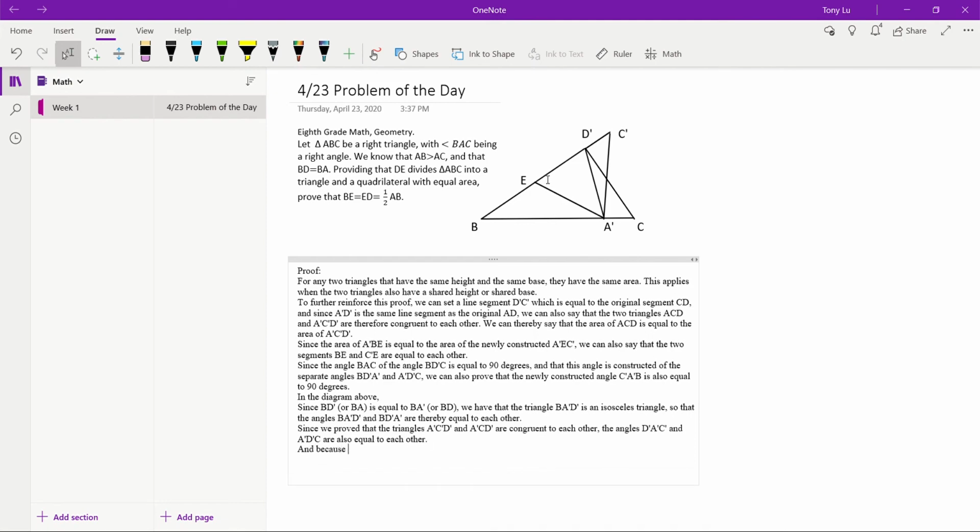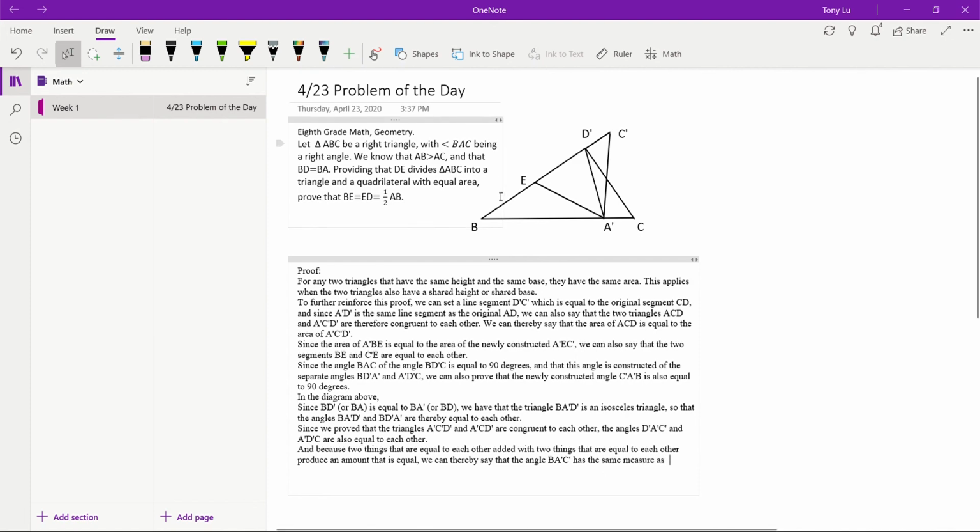And because two things that are equal to each other added with two things that are equal to each other produce an amount that is equal, we can thereby say that the angle BA'C' has the same measure as the angle BD'C, which is 90 degrees. So what can we do with this equality?